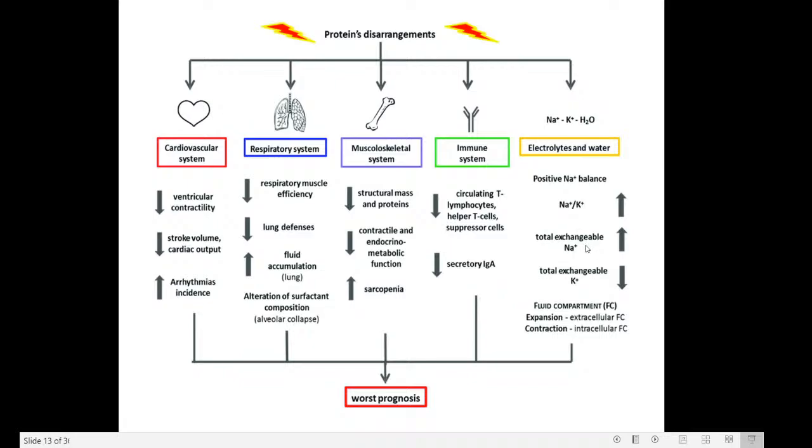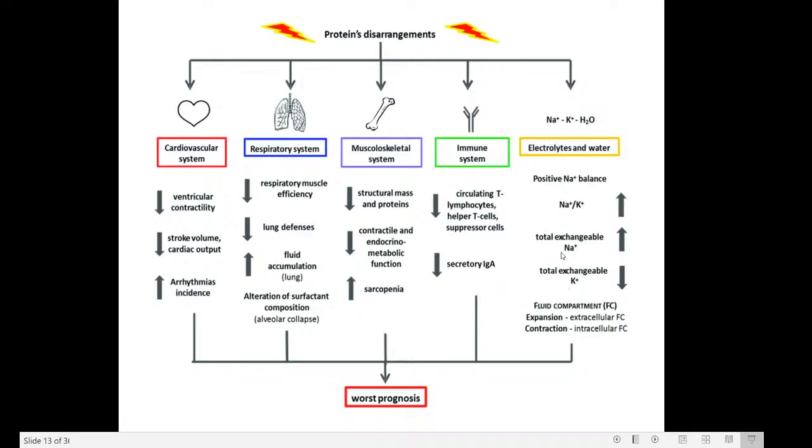Then the total exchangeable Na+ exchange makes the balance: Na+ ion exchange is high, and potassium ion exchange becomes low. The fluid compartments expand in the extracellular space, and contraction happens in the intracellular space. This causes pathogenesis. It is a continuous, sequential process.